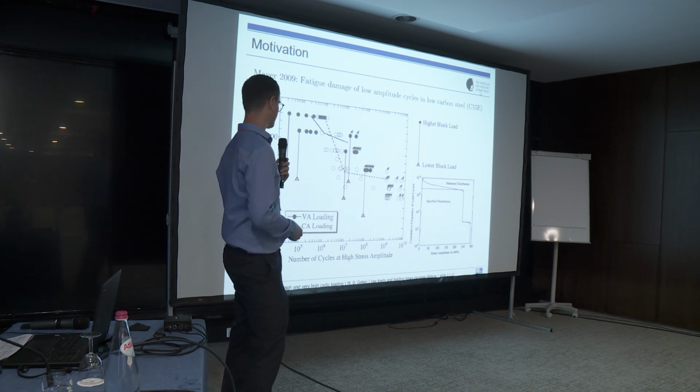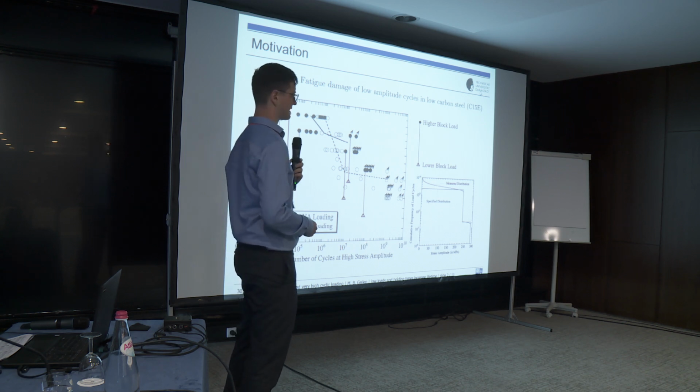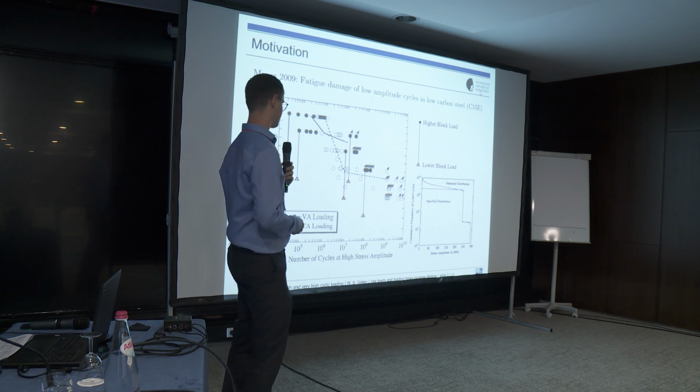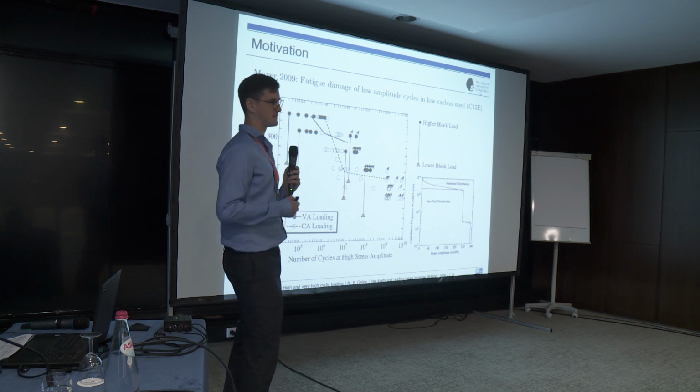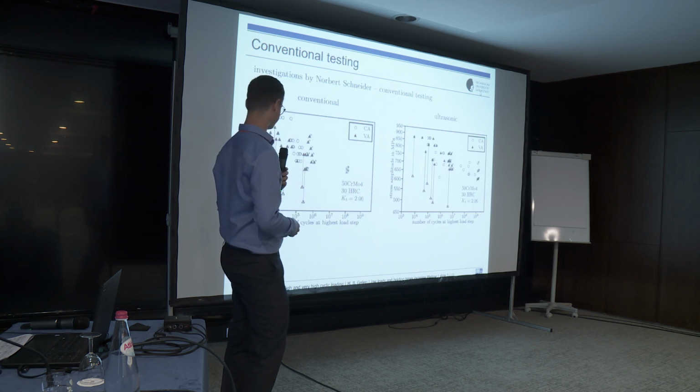However, if we have lower loads below the so-called endurance limit, we see that the specimens live longer, even only counting the cycles at the high stress amplitude, and that means that the low stress amplitude cycles somehow must benefit the lifetime of the specimens instead of reducing it.